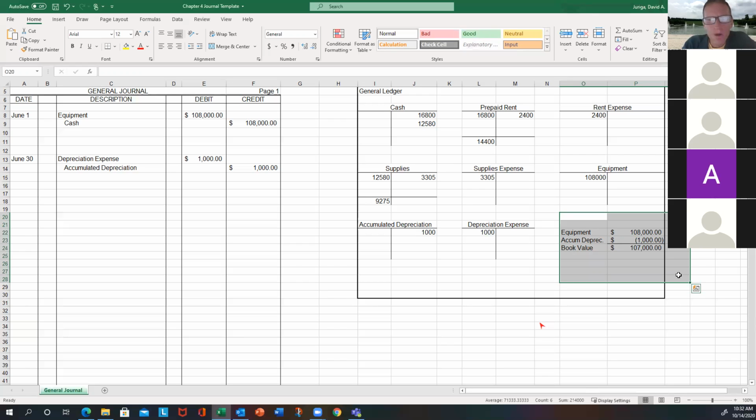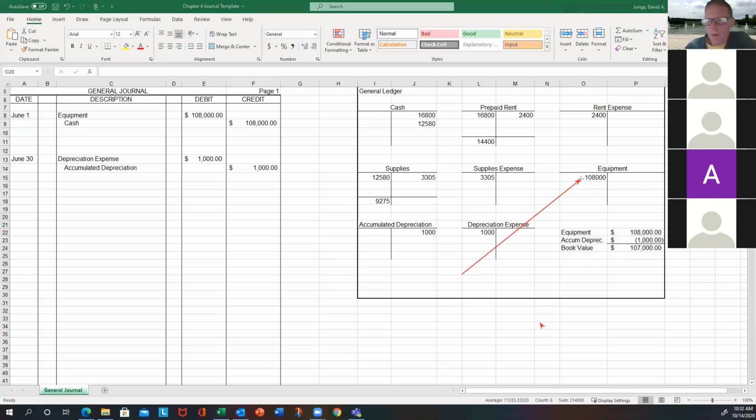It has nothing to do with market value. It does not mean that the company can now sell that equipment to the public, or somebody outside the company, for $107,000. That's not what it means. It means that the 107,000 represents how much is left to allocate to expense.